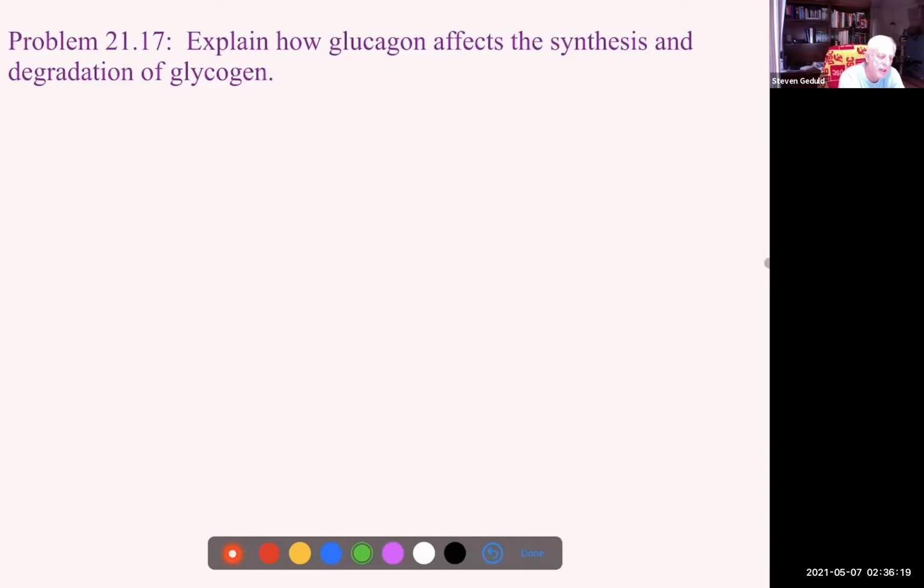Explain how glucagon affects the synthesis and degradation of glycogen. Remember, insulin and glucagon work in opposition to each other. Glucagon is secreted by the pancreas and stimulates the raising of blood sugar. It causes the liver to break down glycogen to put glucose back into the bloodstream.